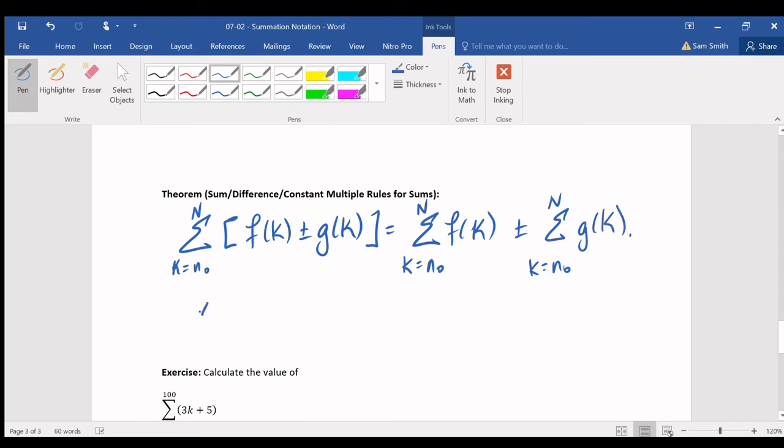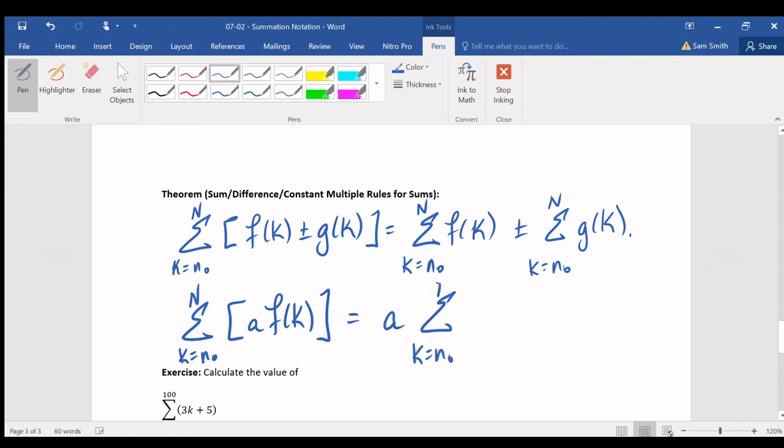As well, just like we have for derivatives and integrals, we have a constant multiple rule for sums, which says that if you're taking the sum of some constant times a function, then you can ignore that constant till the very end of the problem, sum just the function, multiply by the constant later.